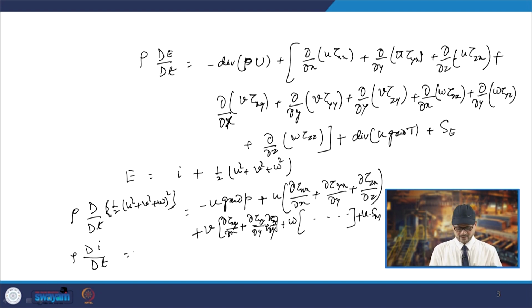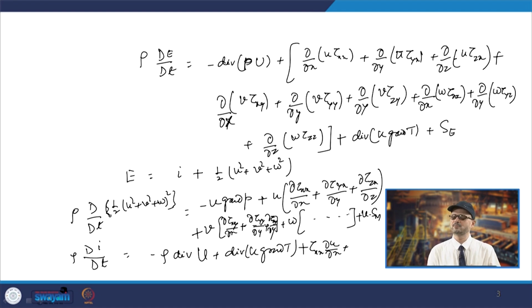For that you will have minus p div u plus div of k grad T. This term will come with the internal energy part, and then you will have τxx times ∂u/∂x, then τyx times ∂u/∂y. This way you will have all these stress terms multiplied by the velocity gradients, and these terms will come alongside here, and then you will have S_I.